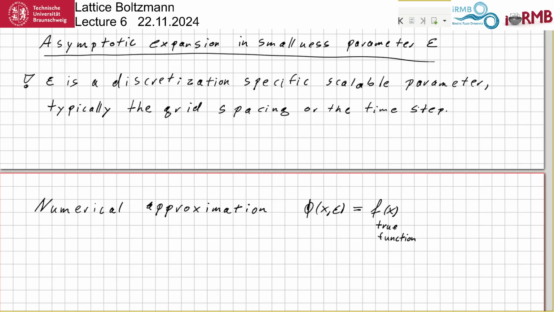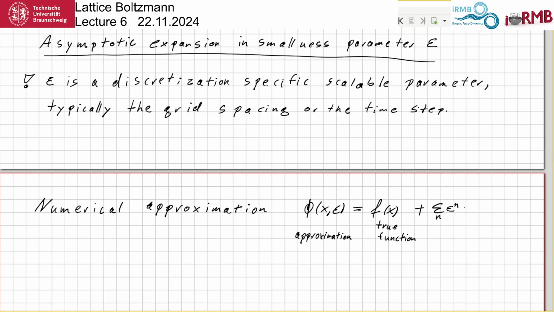So you have an approximation phi of any sort that is the true function plus a sum, by which I mean an expandable error.